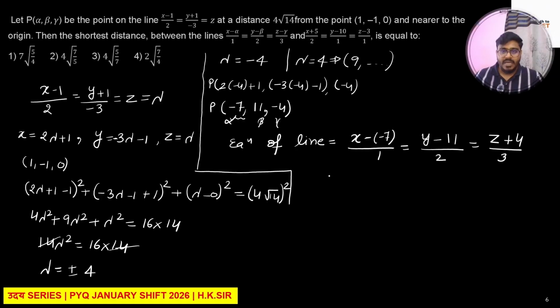This is the line. Another line is x plus 5 divided by 2, y minus 10 divided by 1, and z minus 3 divided by 1.